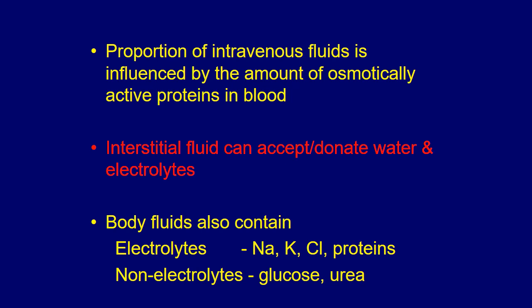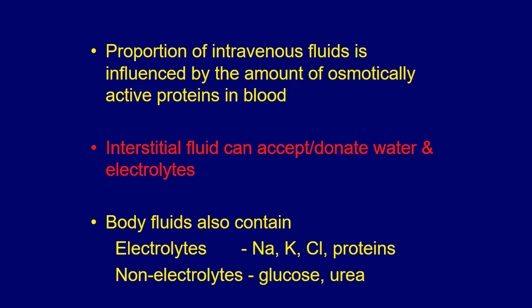Then the interstitial fluid, the fluid around cells, is a type of extracellular fluid. It can accept or donate water and electrolytes to the intravascular compartment or to the intracellular compartment, depending on the osmolality and the degree of dehydration or hydration in the different fluid compartments.